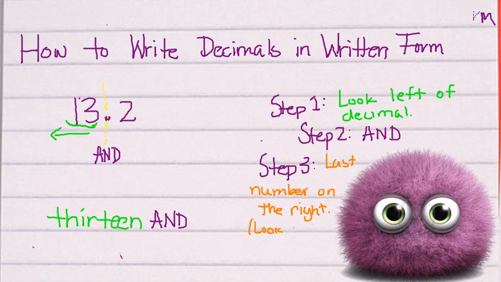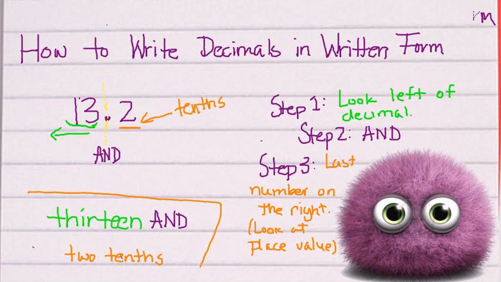There's only one last number, and that's the number 2. Its place value, if you remember from our chart, is tenths. So you simply read the number, 2, and then add the place value, which happens to be tenths. So the way to read 13.2 is 13 and 2 tenths.